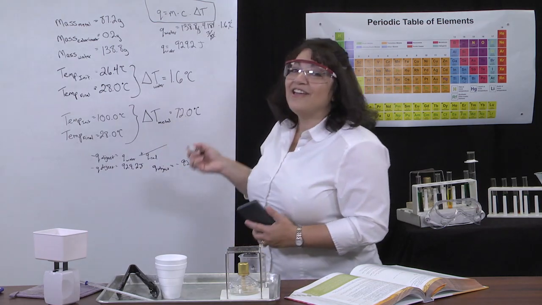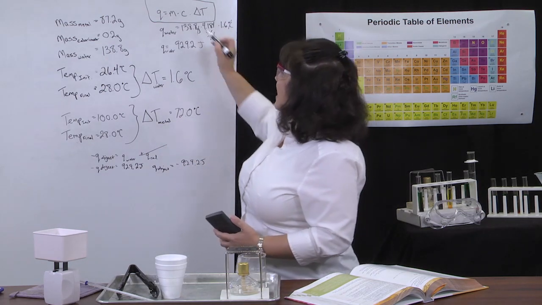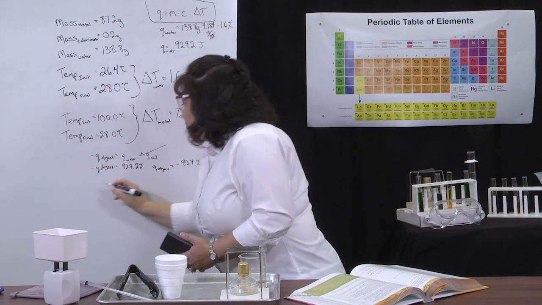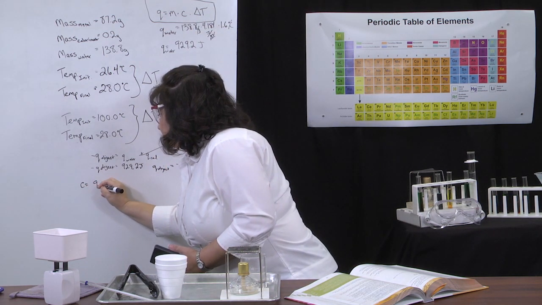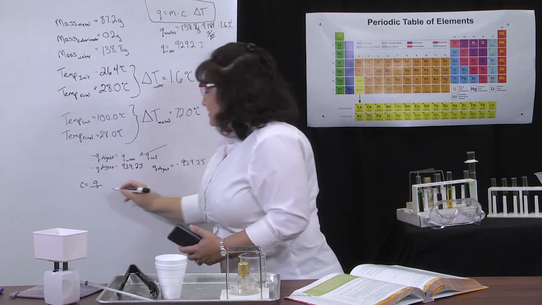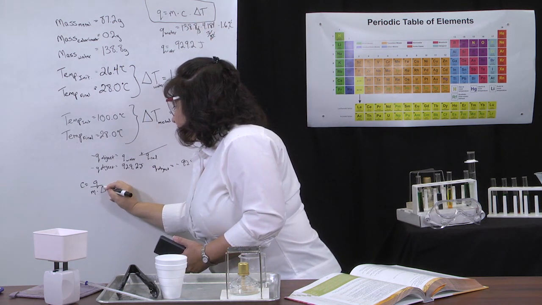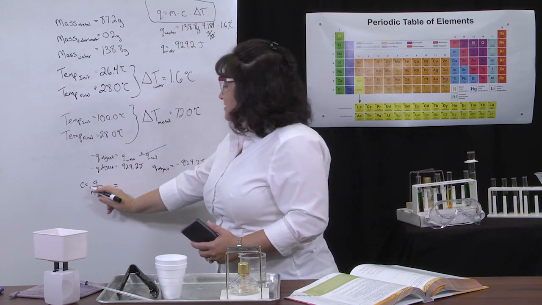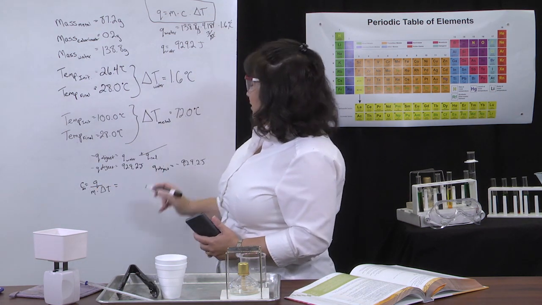All right, now we can finally do our final calculation. I'm going to rearrange this formula so I'm solving for C. So C equals Q divided by mass times delta T. I'm going to plug in my numbers. My Q of this is the C of the metal. I'm going to put a little m there.